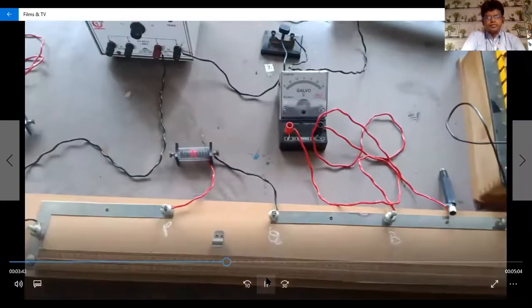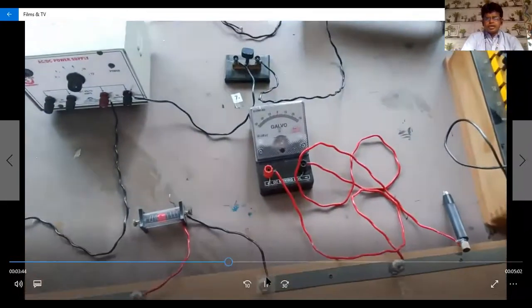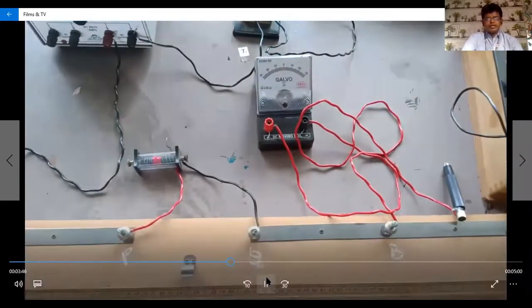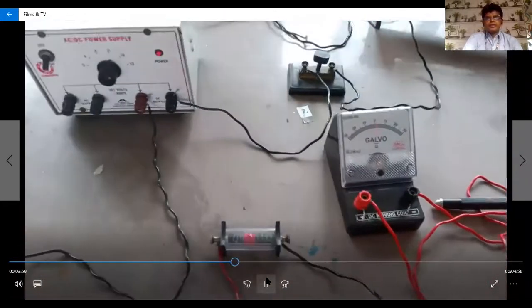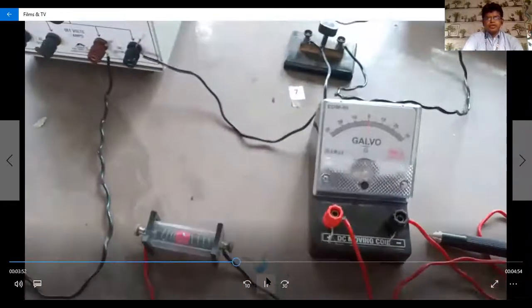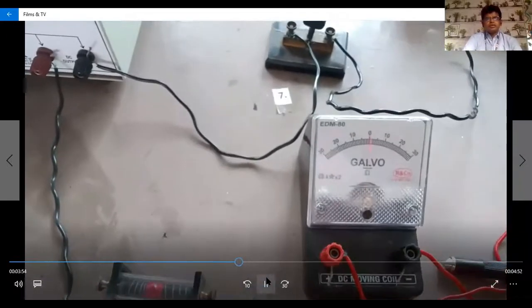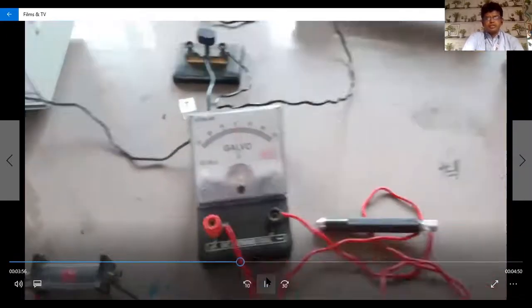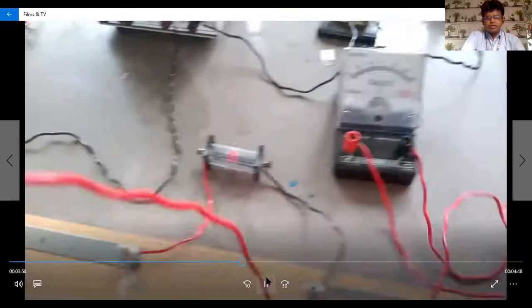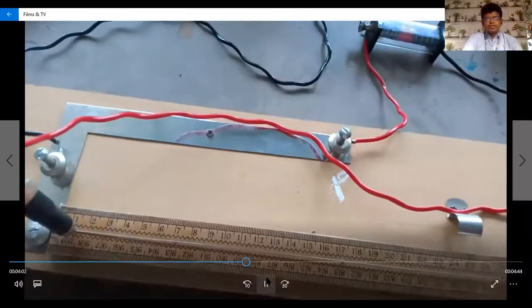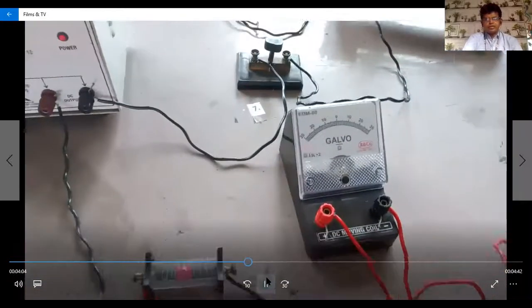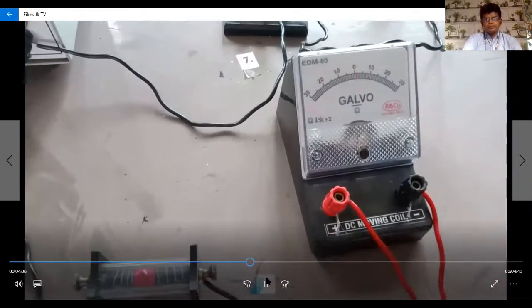Now after the connection, first we check here. After passing the current from the battery, now switch on. Now you are seeing the galvanometer showing 0 because we are not working with the jockey key. First you put the jockey key on the A point. At that time you find the G meter moving to the left side.